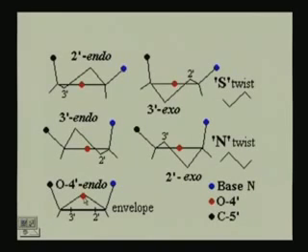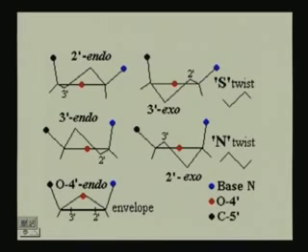Is that clear? Okay. So, the endo configuration is when you have some carbon atom or the oxygen atom pushed or puckered to a position that is in the same direction as the base attachment and the phosphate attachment.